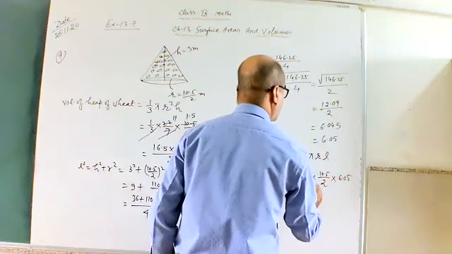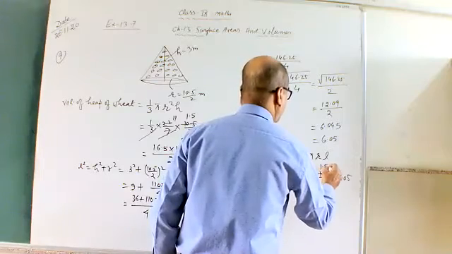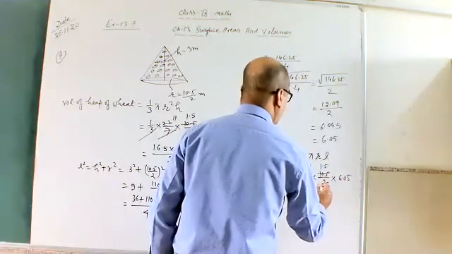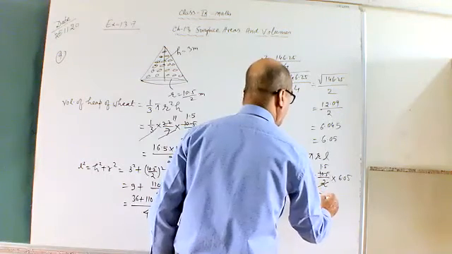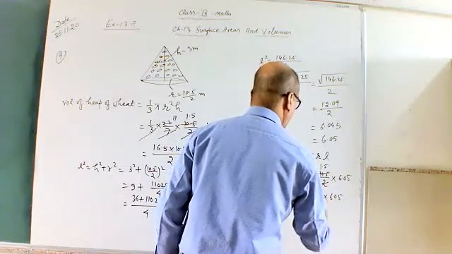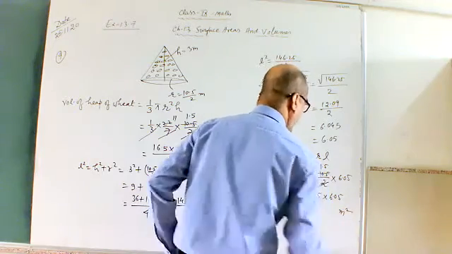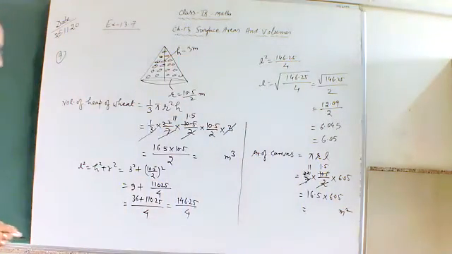So solve this. 7 ones are 7, 7 fives are 35, and 2 into 11, 15 ones are 15, 15 ones are 15, 1 are 16.5 into 6.05. So you will multiply this, you will get the answer in meter square. Multiply this.